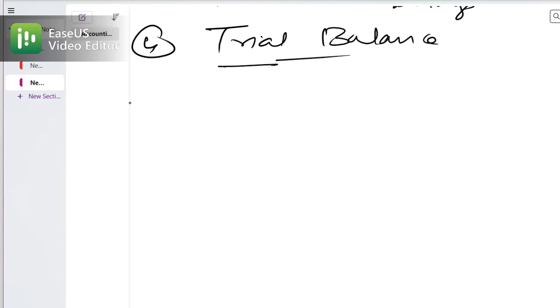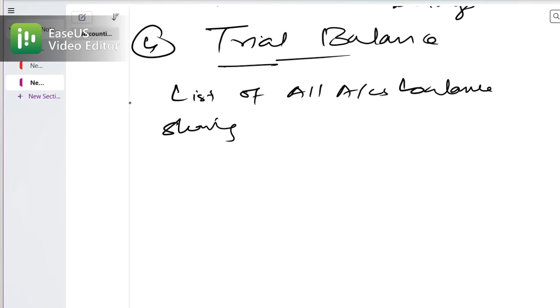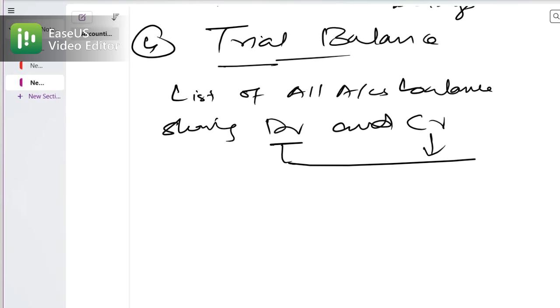This is actually a list of all account balances, showing debit and credit. So the big check: debit must equal credit. If they don't, something went wrong in the journal or ledger posting.